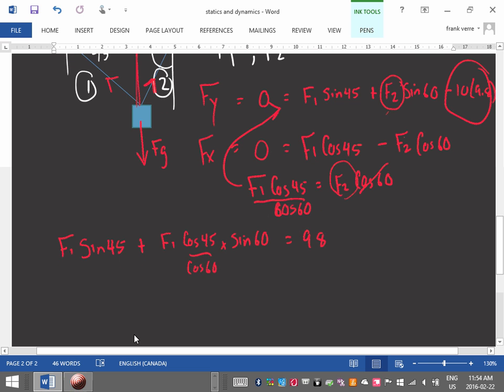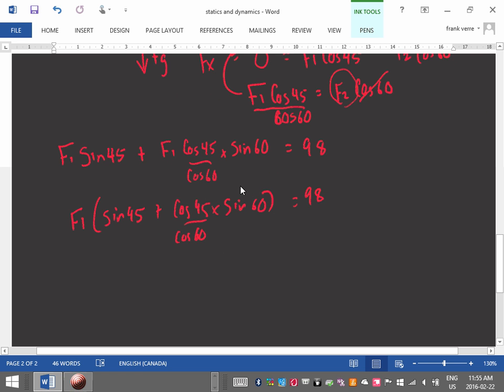This will just leave us with F1 now, right? We can actually factor out the F1, can't we? F1 times sine 45 plus cosine 45 over cosine 60 times sine 60 equals 98.